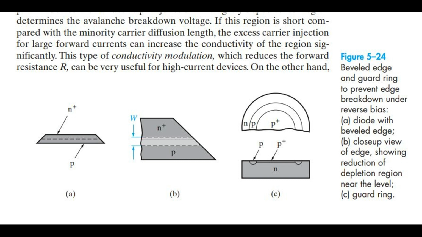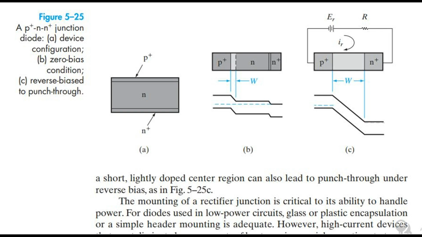C, guard ring. Figure 5-25: A P+ N N+ junction diode. A, device configuration. B, zero bias condition. C, reverse bias to punch-through. A short, lightly doped center region can also lead to punch-through under reverse bias, as in Fig. 5-25c.